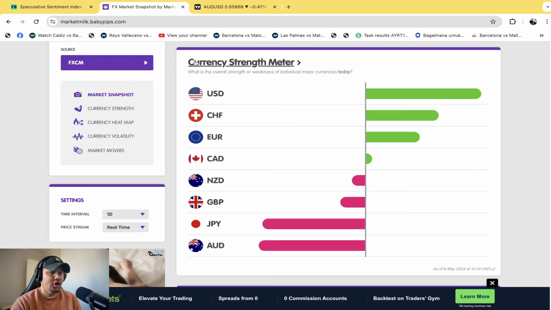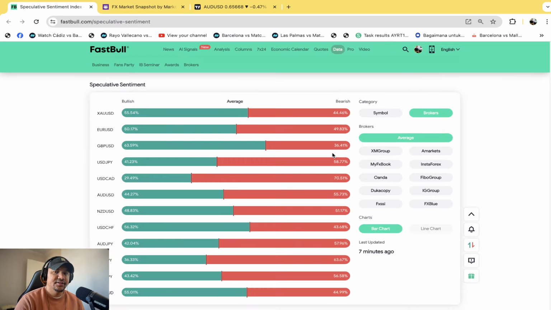So we're looking for the opposite of what this is showing. And the reason for that is there's a saying that you always want to be on the opposite side of what the retail traders are doing. Like with the signal reviews that I do, you always get people that would say, yes, when they buy, I will sell. That kind of thing. So it's similar to this.